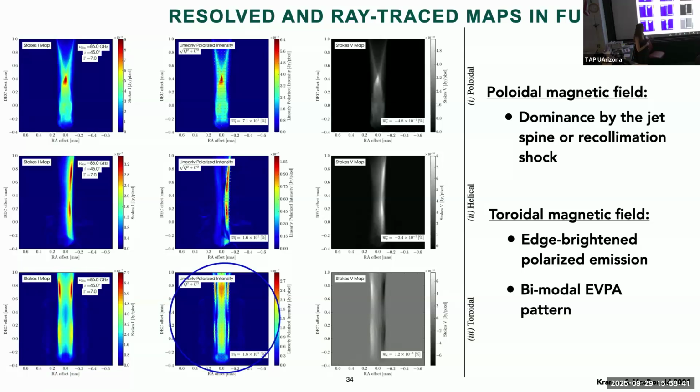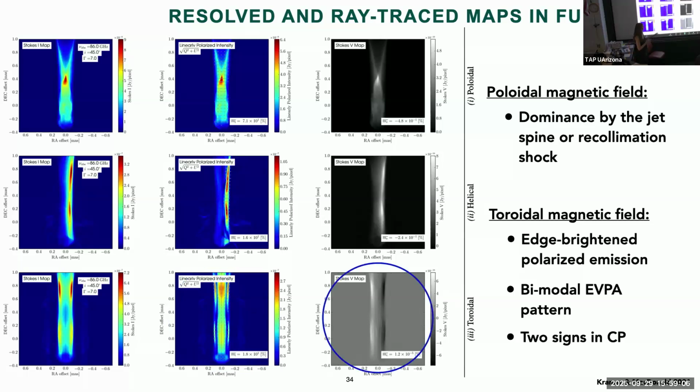Further, we have a bimodal EVPA pattern for the toroidal case. That means on the edges of the jet, the EVPAs are perpendicular to the jet. And then in the center of the jet, they are parallel to the jet stream, which makes sense and just validates the underlying magnetic field that we put in. But it also checks with observations and now explains some observations.